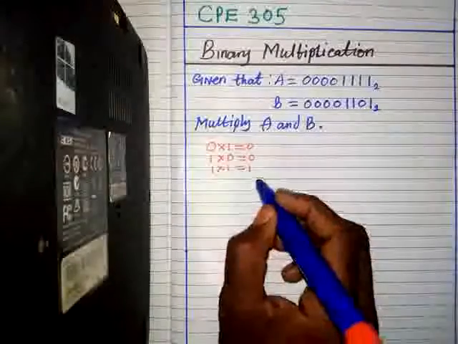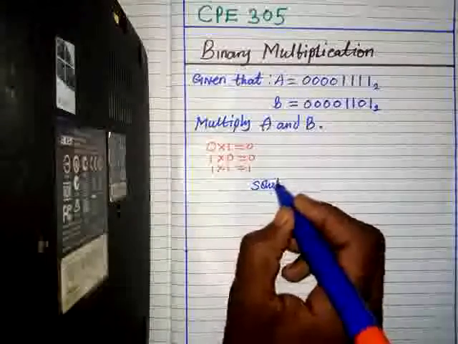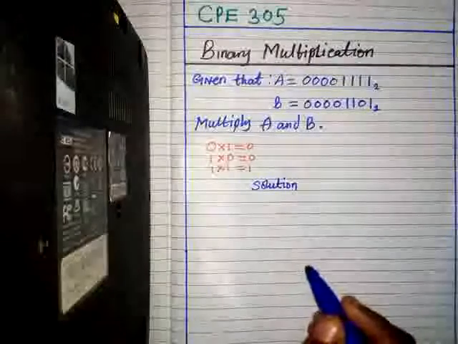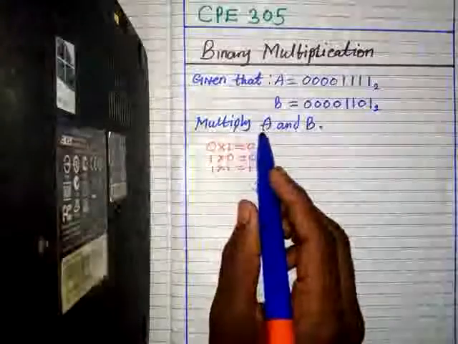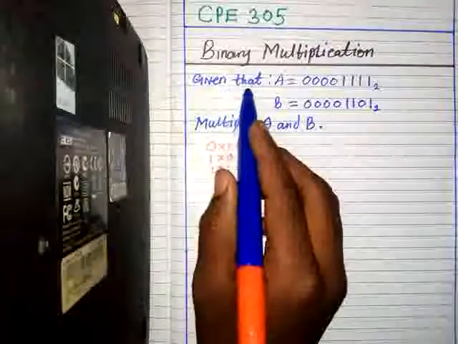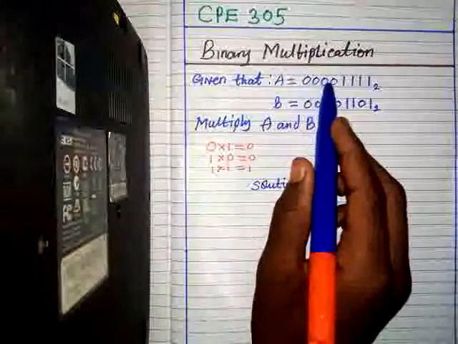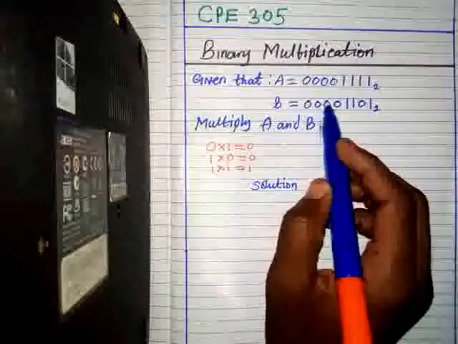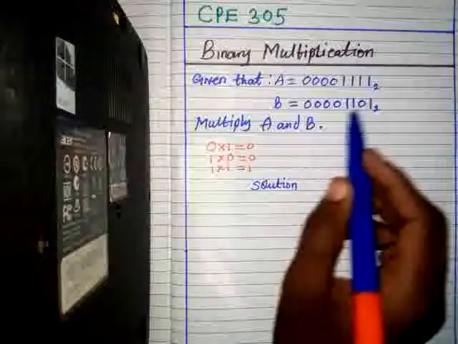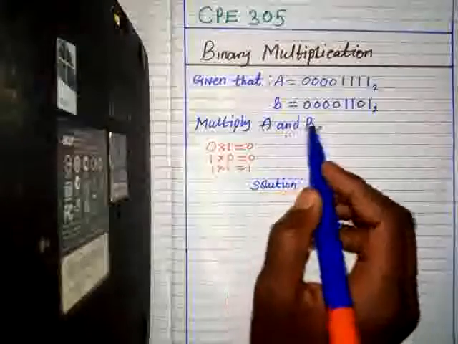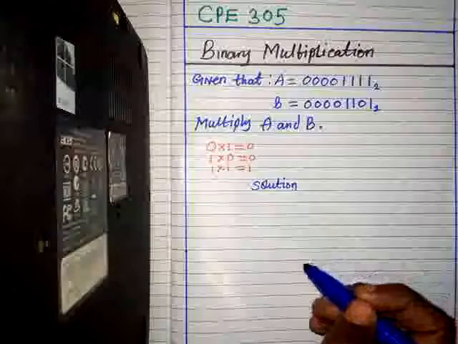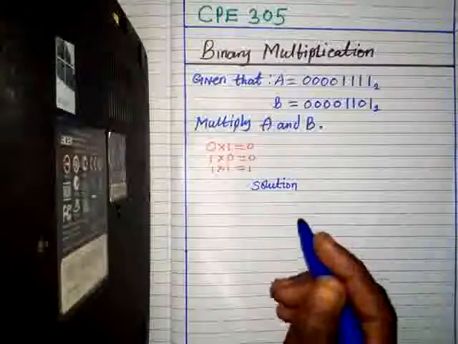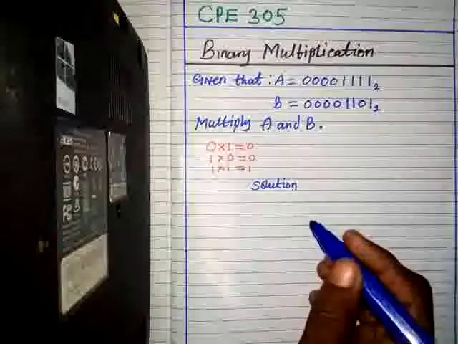First thing, write solution. It says multiply, given that a is equal to 0 0 0 0 1 1 1 1 and b is equal to 0 0 0 0 1 1 0 1, then multiply a and b. What we're going to do is arrange them in the order of multiplication.